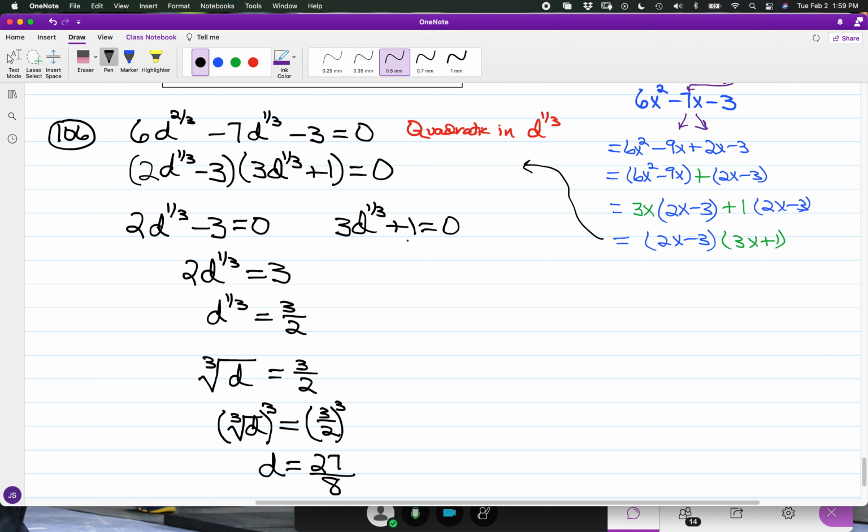And as for the other factor, setting it equal to 0, you have 3d to the 1/3 is equal to negative 1. If I divide by 3, I have d to the 1/3 is equal to negative 1/3. Re-expressing as a radical, you have the cubic root of d is equal to negative 1/3.